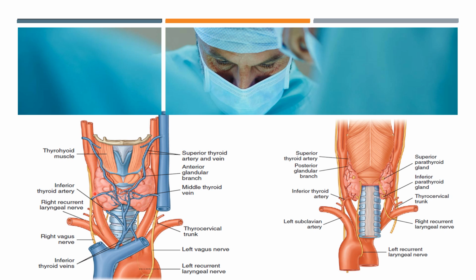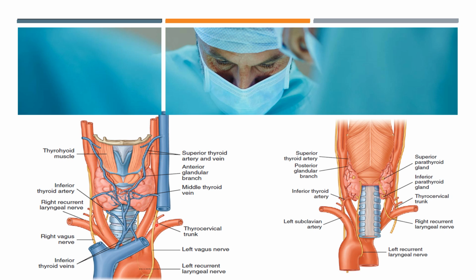Okay, so if we want to remove the thyroid gland, we need to ligate all these vessels: the superior thyroid artery, which is coming from the external carotid artery, the inferior thyroid artery, which is coming from the subclavian artery, and sometimes we have a third branch called the thyroid ima artery. Okay, it's coming from the subclavian. So we have the thyroid ima artery in 10% of population, the inferior thyroid artery, and the superior thyroid artery. We need to ligate these arteries.